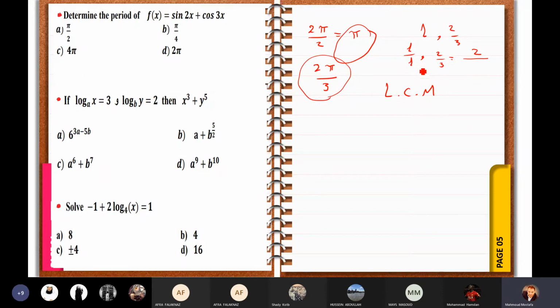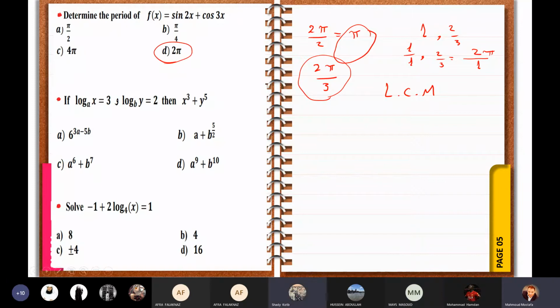The factor here is 1, so this is the highest one. So 2/1. If it's pi, then 2 pi over 1 means 2 pi. So the answer is what? 2 pi. Thank you.